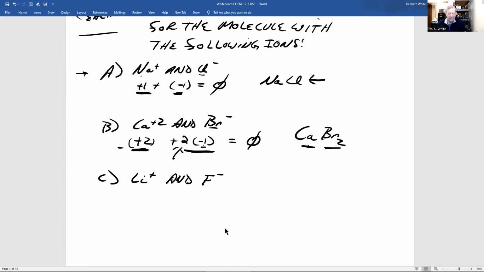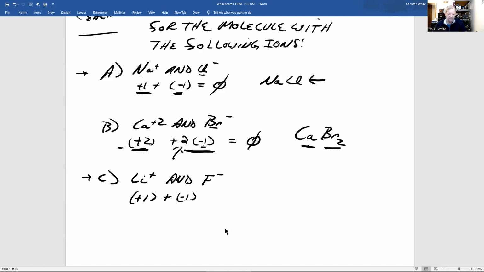All right, let's do it. Now, for C, we have a molecule with a lithium +1 cation. And we have a fluorine anion -1. All molecules have a net 0 charge. Again, all molecules have a net 0 charge.